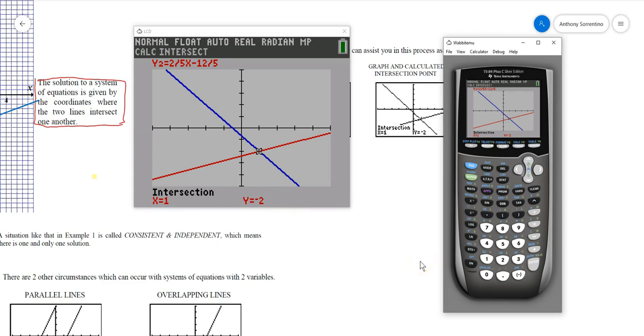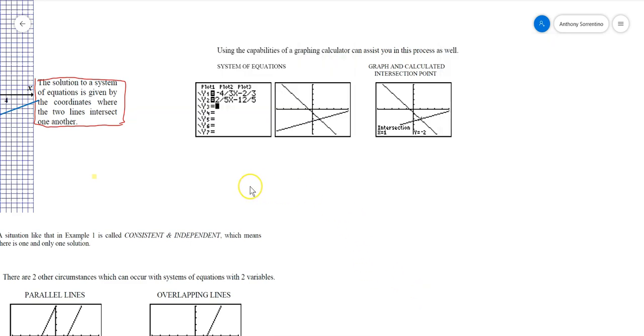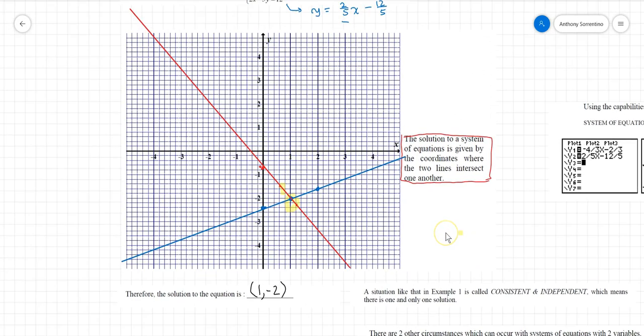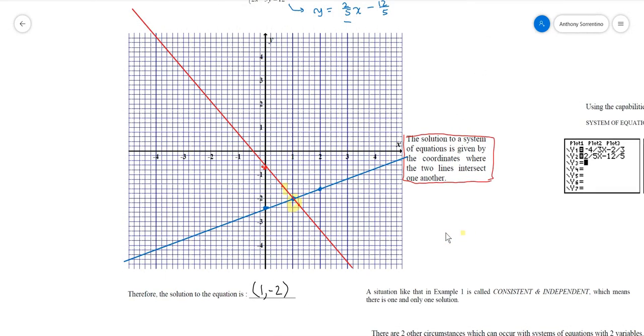As I mentioned before, it didn't happen so much in this one, but sometimes the scaling of your graph might make it difficult to graph exactly. And what if the solution isn't meant to be integer coordinates? I could have fraction coordinates or even irrational coordinates if necessary.